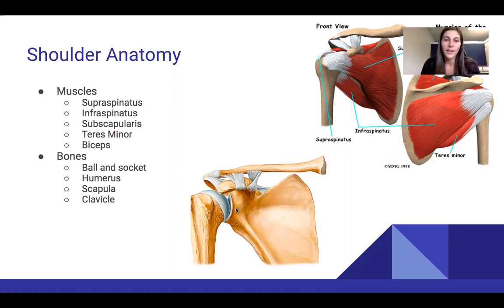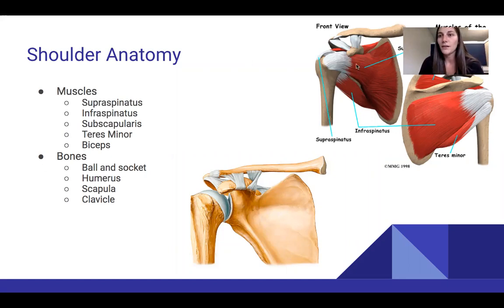So what you're looking at here is a ball and socket joint. Ball and socket joints are great for mobility. They allow a lot of range of motion. Not so great for stability, so we have to get that somewhere else. Basically this ball is just sitting in a little shallow bowl, rolling around. If you go up, gravity is going to want to pull that ball right on out.